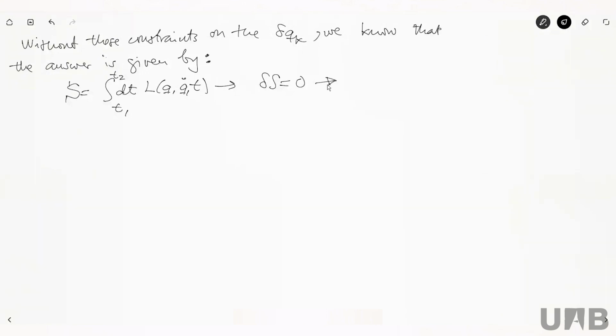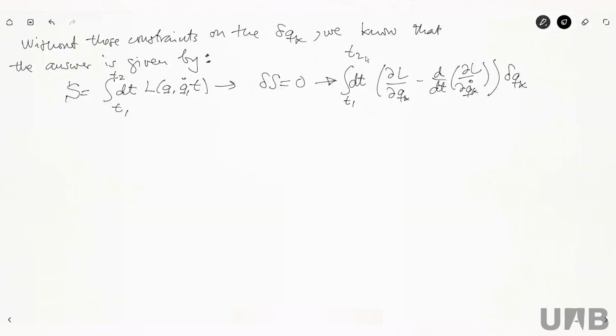And this leads to, I'm going to write it starting from the other side, this is completely immaterial, but let me just do it like this: dL/dq_k minus d/dt of dL/dq dot_k, times delta q_k, integral dt from t1 to t2.